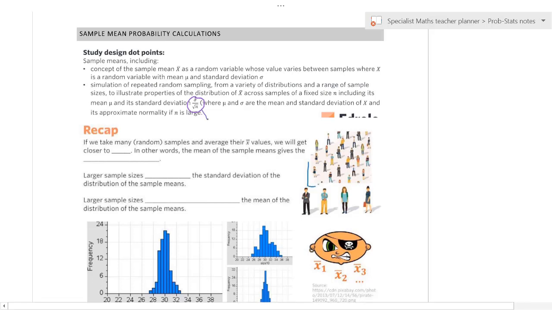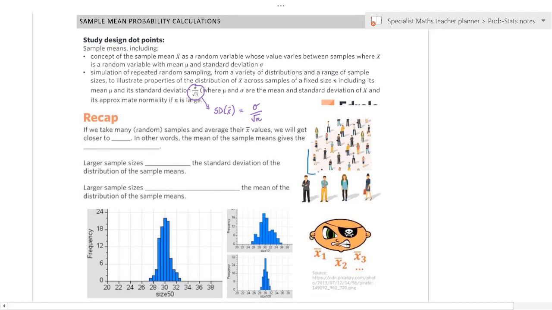The standard deviation of my sample mean is actually not equal to the standard deviation. There's an inverse relationship: as n increases, the standard deviation decreases.